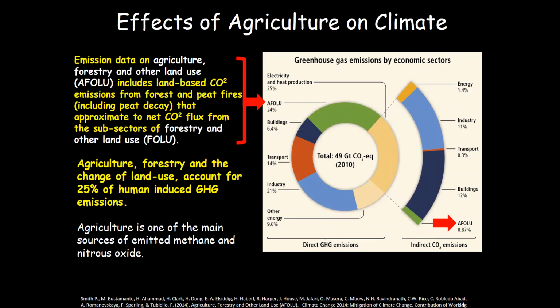In terms of agriculture, forestry, and the change that this has on land uses, these changes account for 25% of human-induced greenhouse gas emissions in terms of carbon dioxide. Agriculture is also one of the main sources of emitted methane and nitrous oxide, which is also a greenhouse gas, which also contributes to climate change.